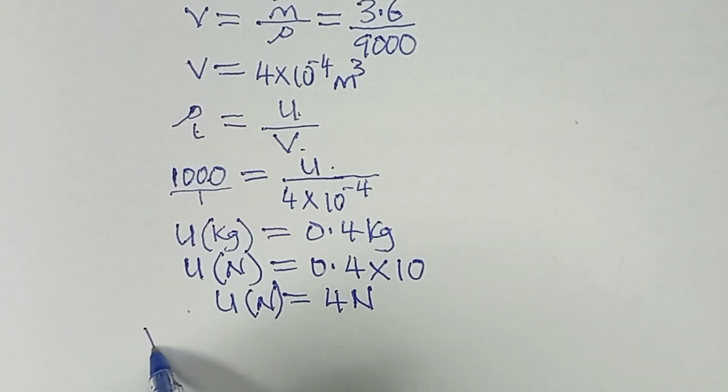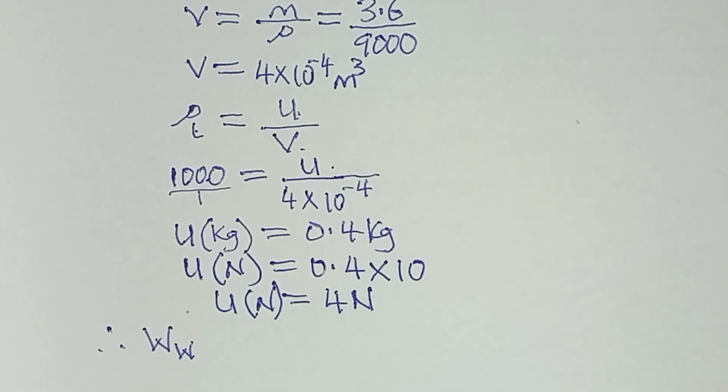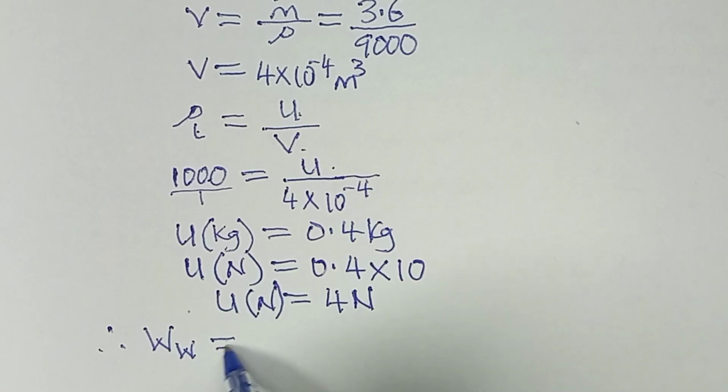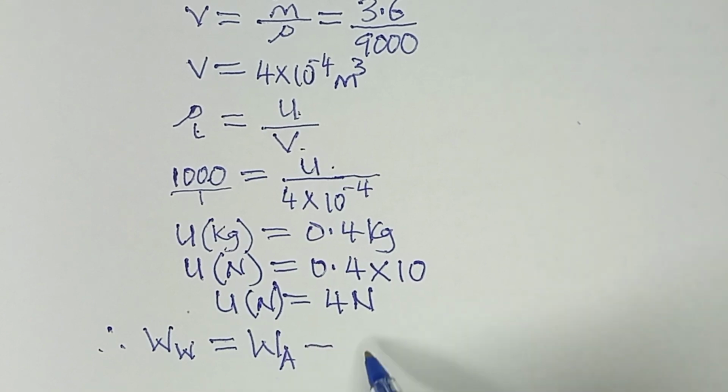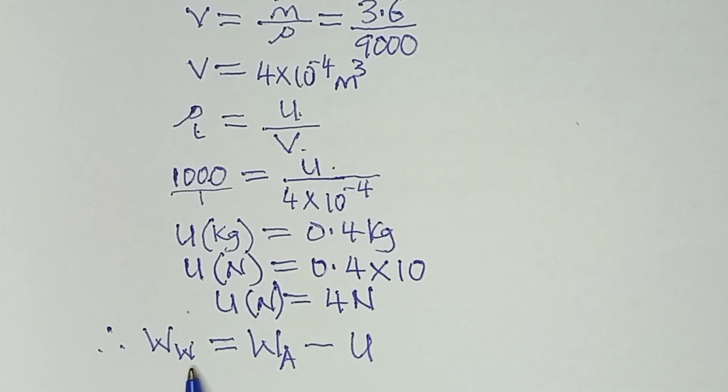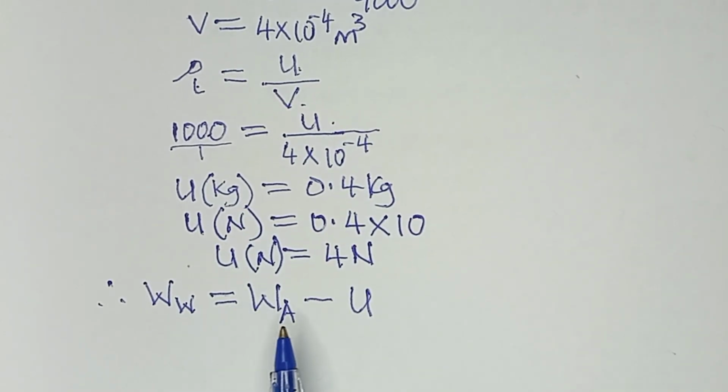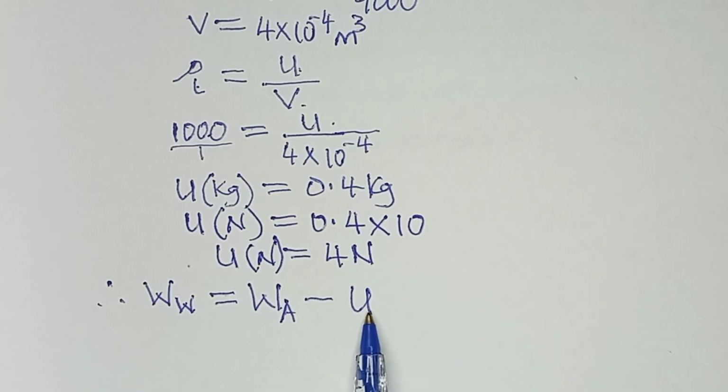So the weight in water now, I can say therefore, the weight in water, let me use W subscript W. So the weight in water will be equal to the weight in air minus the upthrust, because upthrust is the loss in weight.